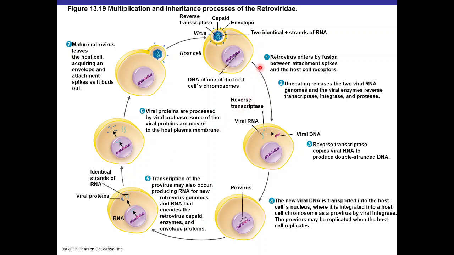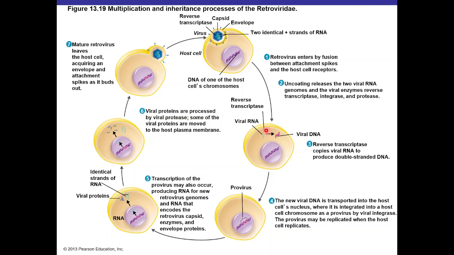So in this case, the virus will bind to the host cell and fuse its envelope, and then will uncoat, and it will release the viral RNA and the reverse transcriptase.